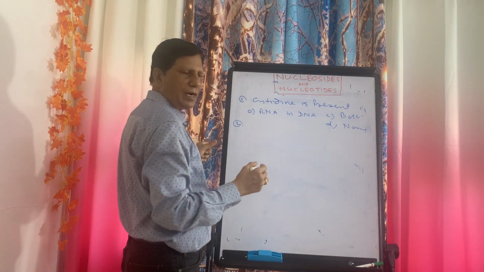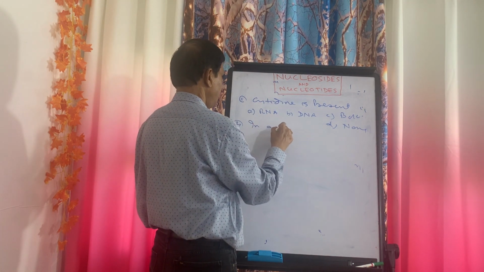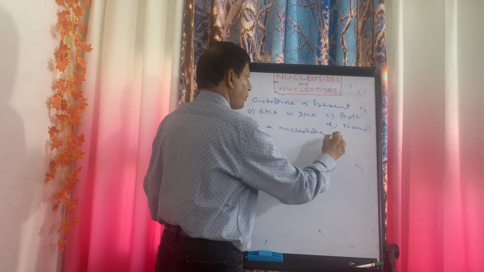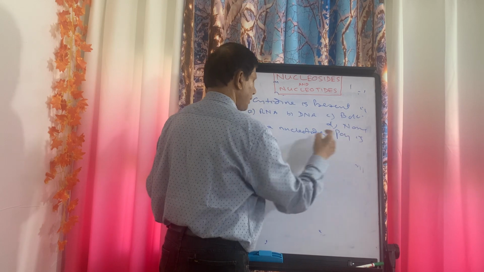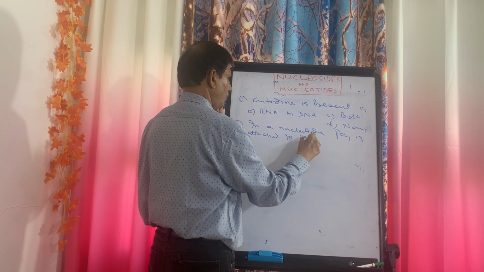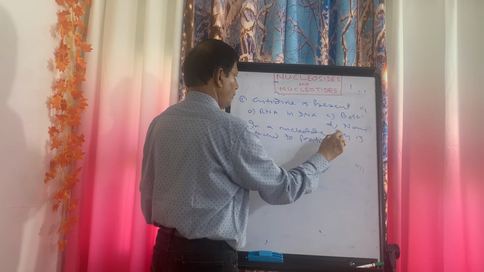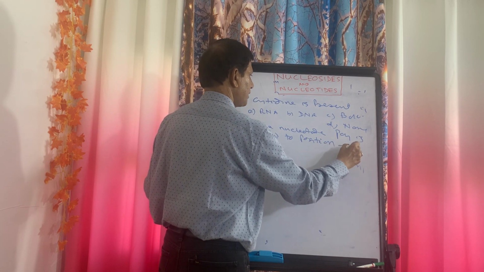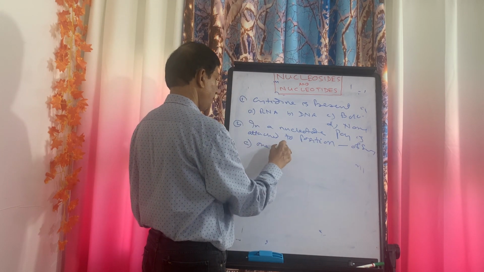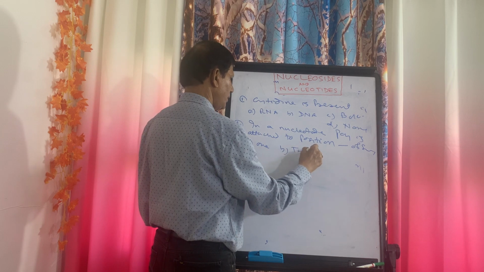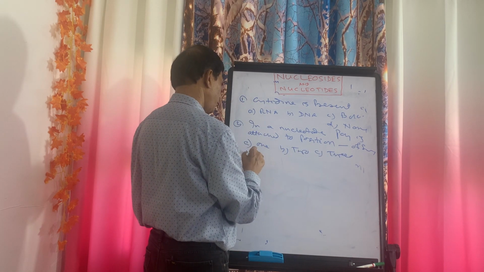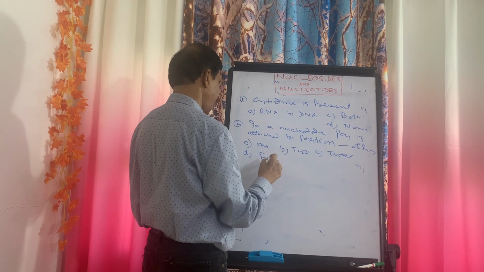In a nucleotide, phosphate group is attached to position dash of sugar. A choice 1, B choice 2, third choice 3, and fourth choice 5.